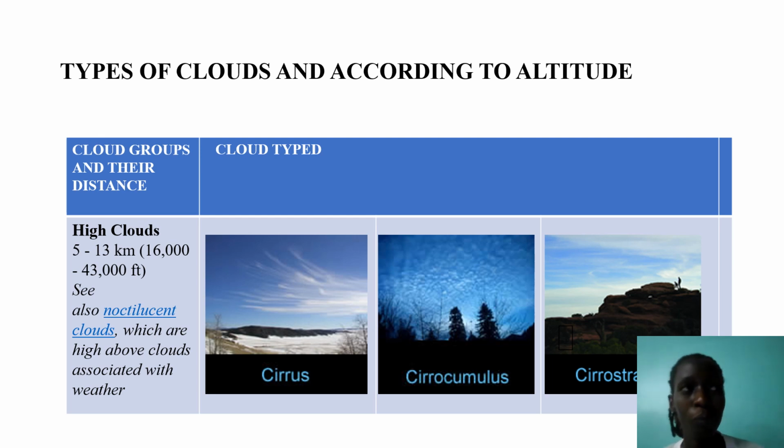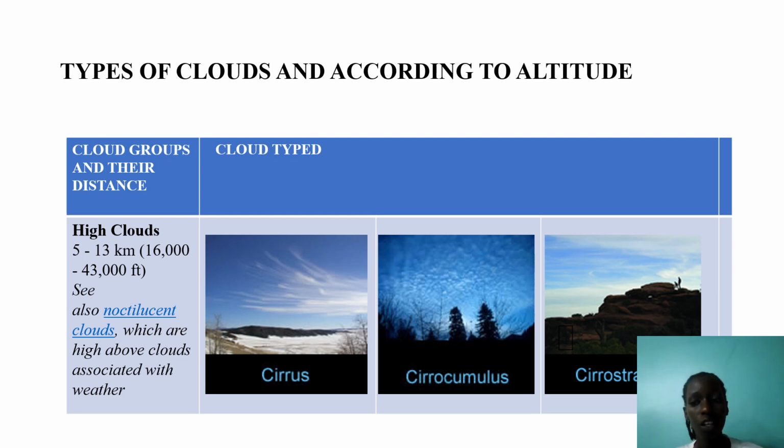The high clouds range from 5 to 13 kilometers in the sky. Among those clouds are cirrus clouds, cirrocumulus clouds, and cirrostratus clouds.